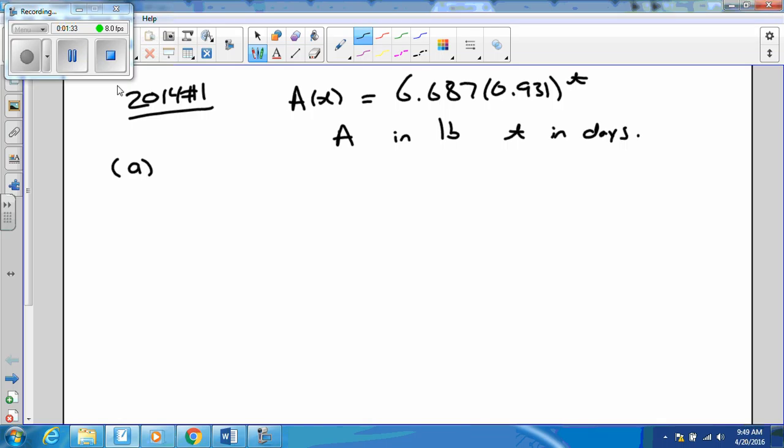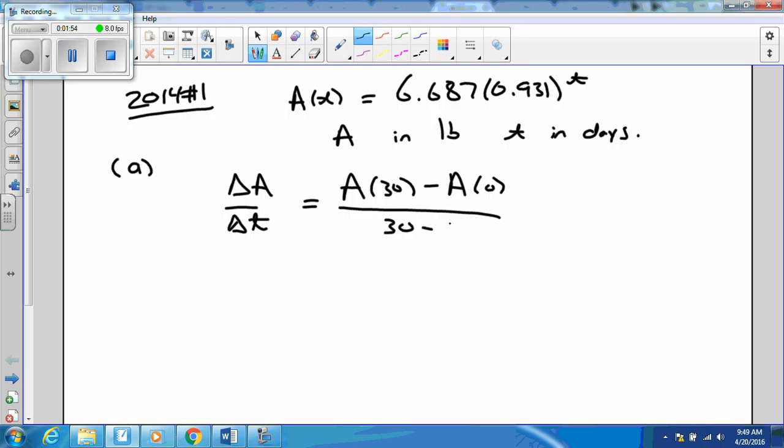Find the average rate of change of A of t over the interval t between 0 and 30, indicate units of measure. I'm going to spell average rate of change as delta A over delta t, for A of 30 minus A of 0, all of that over 30 minus 0.